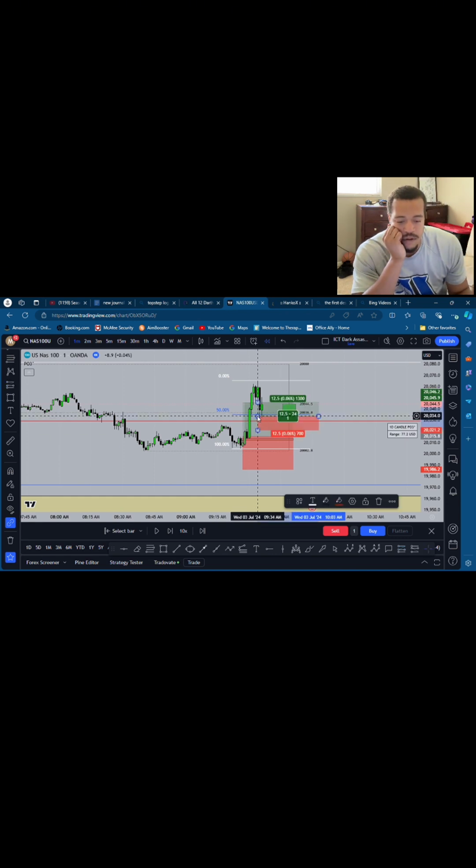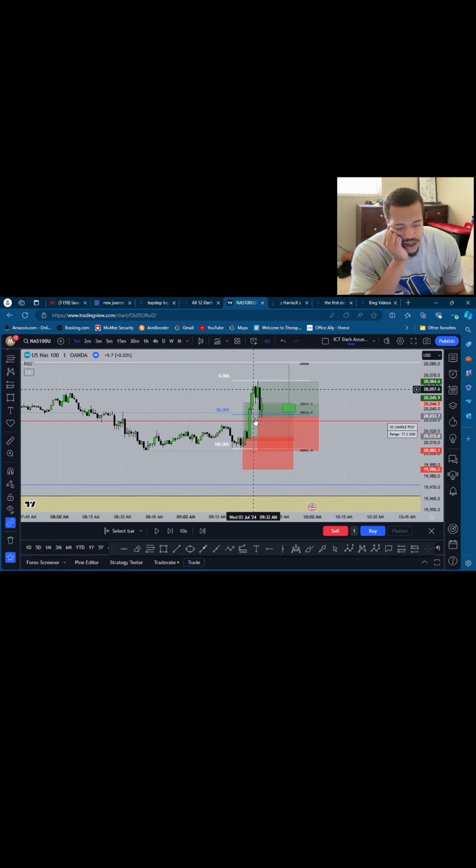So I would want to be in that area and then take it for 30 up into here. Stop loss would be, I would like this stop loss because it's below structure. And if it's going to go, it should not even be coming below the halfway point of this fair value gap right here.